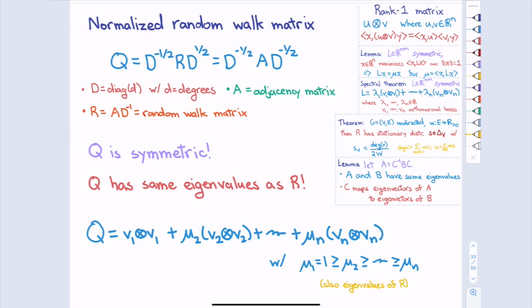This matrix Q we call the normalized random walk matrix, and it had this nice decomposition into orthonormal eigenvectors, and we knew lots about it. That was the first step towards unrolling everything and eventually pulling out that spectral convergence rate based on the eigenvalues.